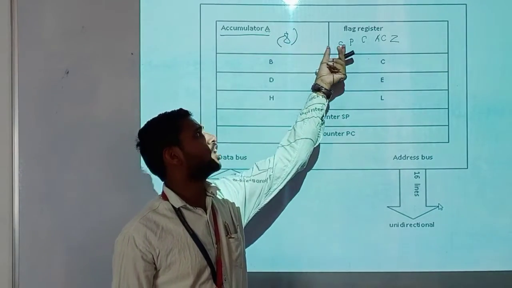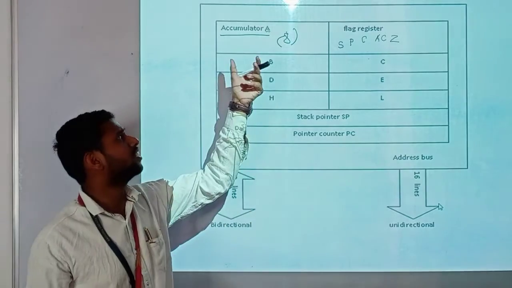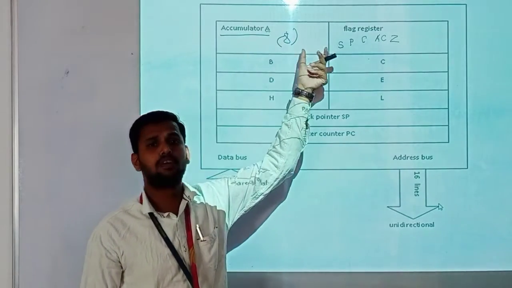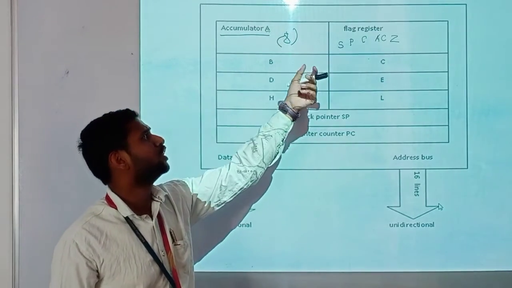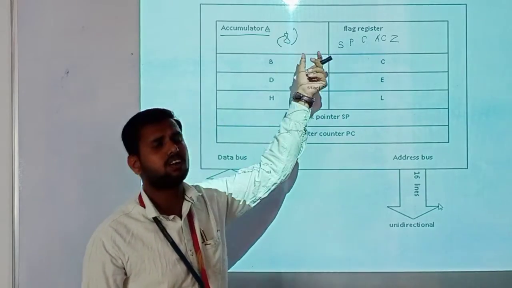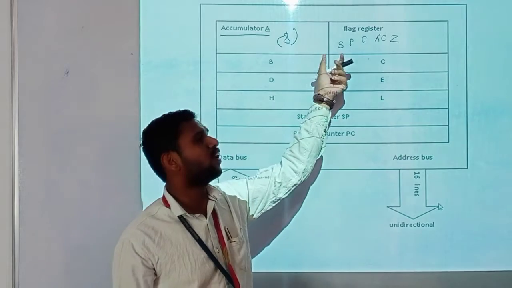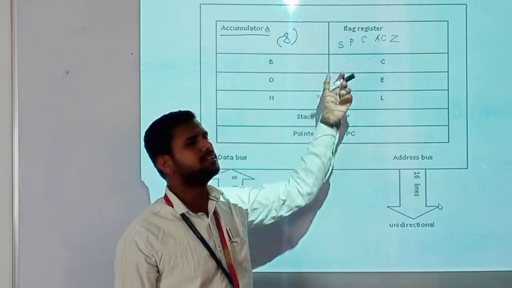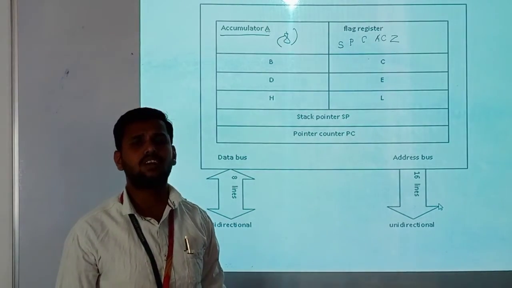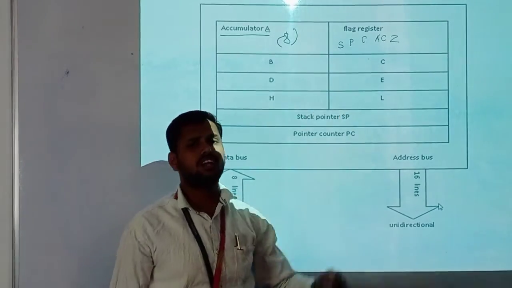The sign flag says whether the result stored in the accumulator is positive or negative. The parity flag says whether the result stored in the accumulator is odd or even. The carry flag says whether a carry will be generated in the result or not. Next is the auxiliary carry.